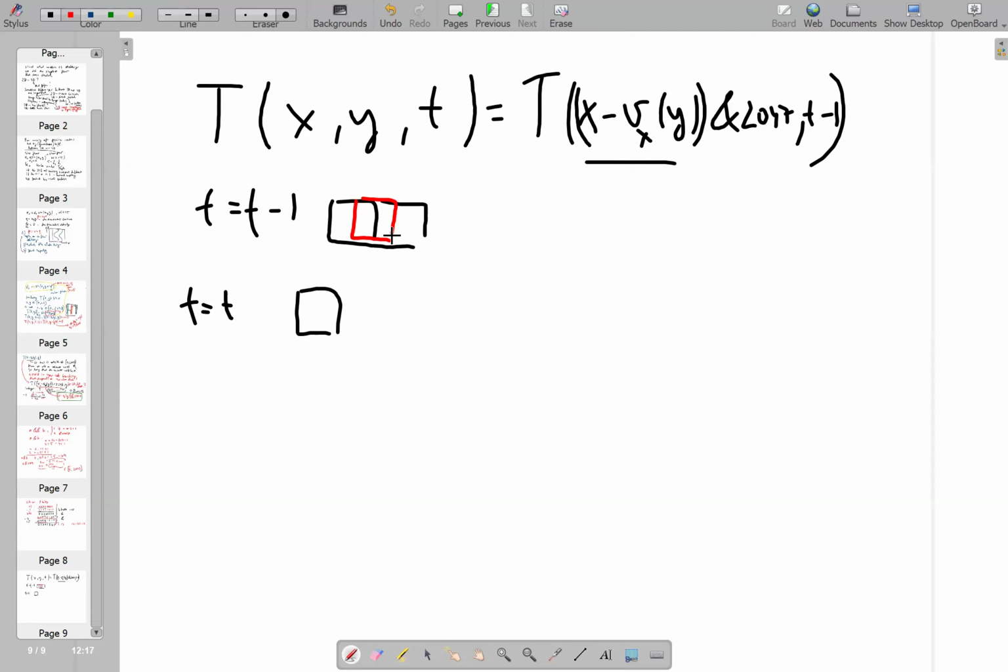And now the perfect flow would be T at x, y, t equals... maybe we write first certain x1.